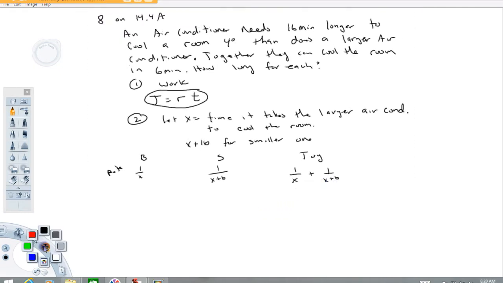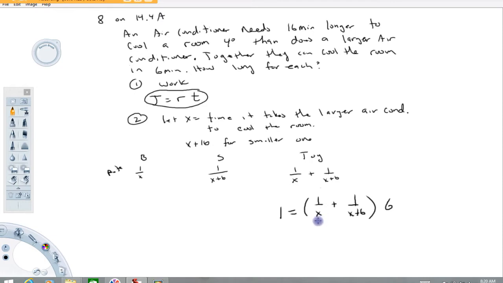They can cool one room, right, equals rate 1 over X plus 1 over X plus 16 times time, 6 minutes. So again, this would be rooms completed. This number has units of rooms cooled per minute times 6 minutes. And then we now have the following equation to work with, and the unknown is X.